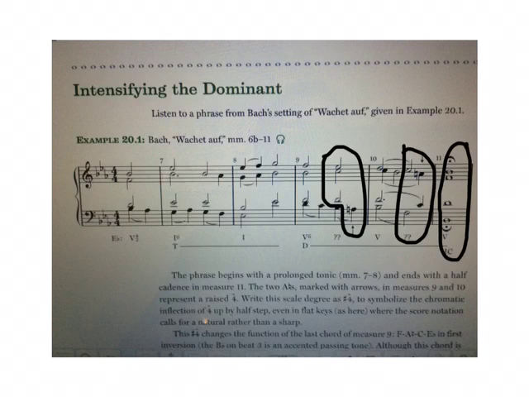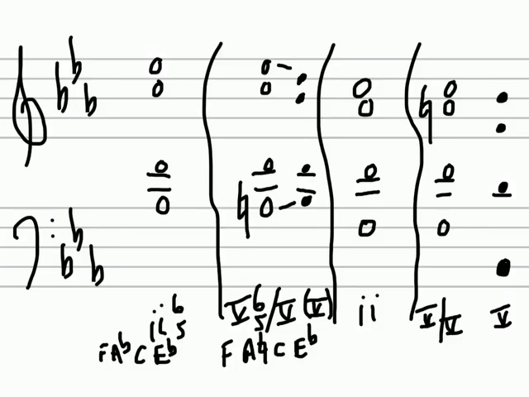Here I have these isolated in a diagram. Notice that over here I've got an A natural, F, C, and E flat. If we had a 2/6/5, we would have not an A natural but an A flat, F, C, and E flat.